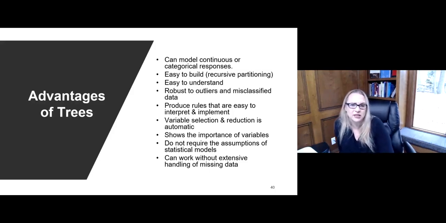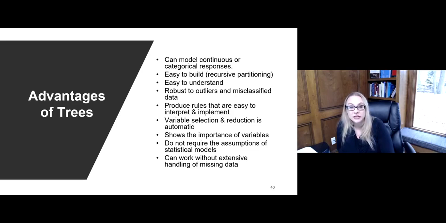Among the advantages of trees is that you can model either continuous or categorical variables, and it's really easy to build through recursive partitioning, and it's really easy to understand. It's going to be robust to outliers and misclassified data, and it produces rules that are easy to interpret and implement. The variable selection and reduction is also automatic using the different algorithms that we can apply.